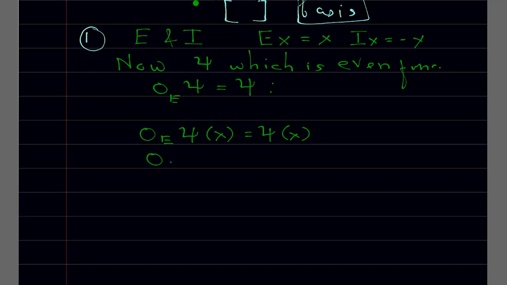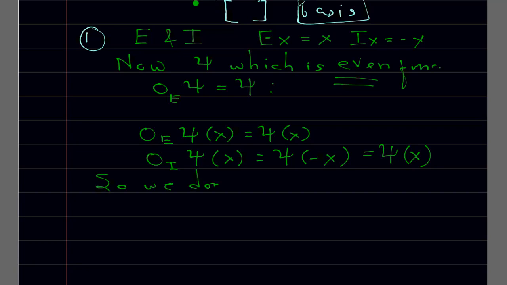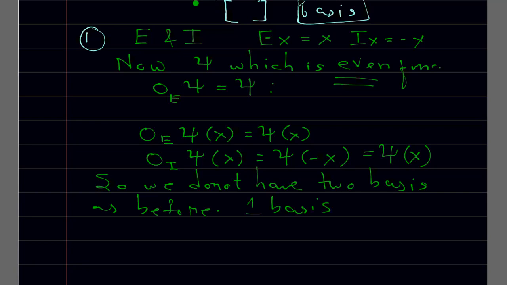But OI, when it acted on psi of x, we got psi of minus x. But since psi is an even function, psi of minus x will turn out to be psi of x. So we do not have two bases like before. We have only one basis, which is psi of x.